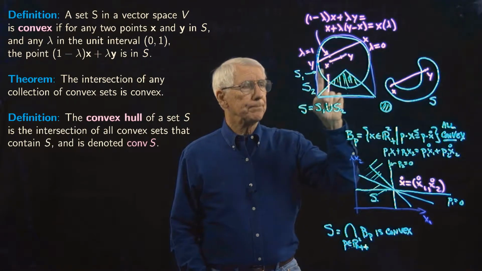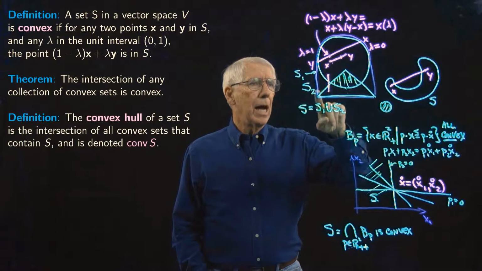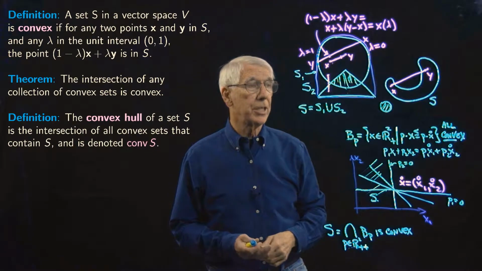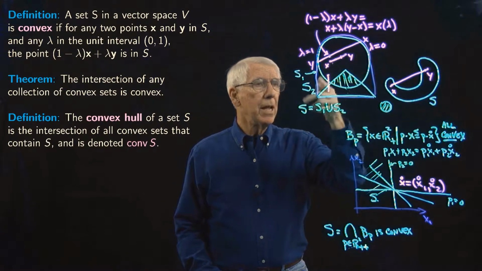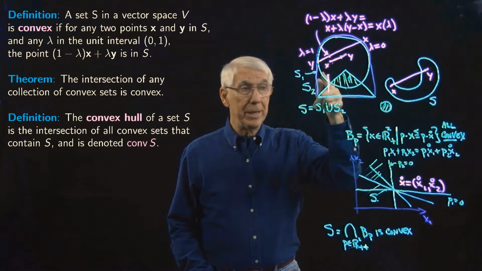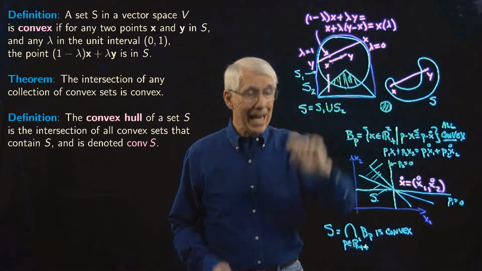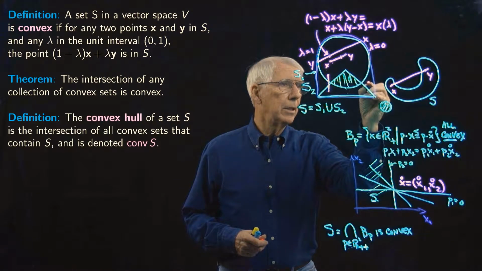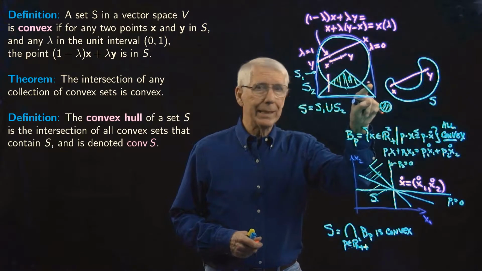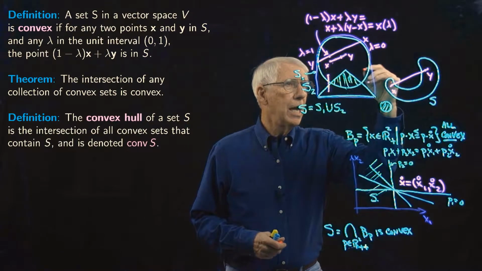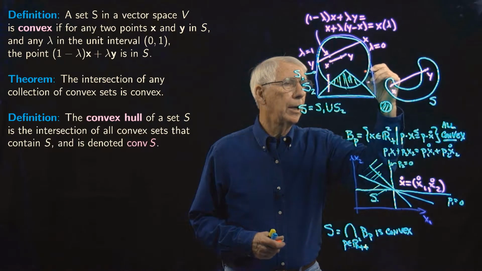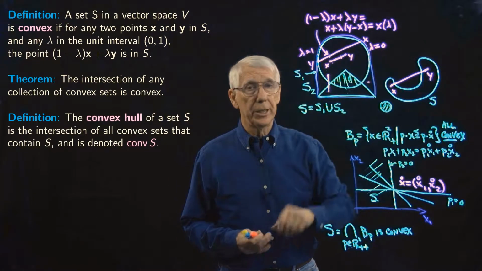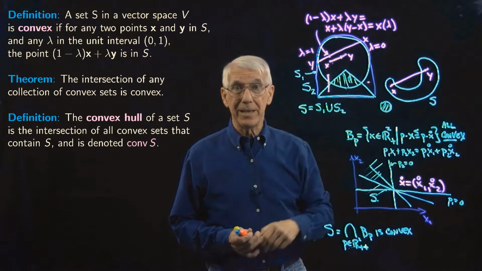Okay? But of course, I can see, at least intuitively, that if I throw out any points of this set, then that point is going to be a convex combination of some points in S. So for example, let's just suppose I throw out this point here. So I'm considering this set here, but not that point. Well, the set that I end up with is not a convex set anymore, right?